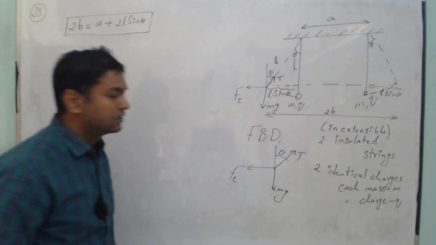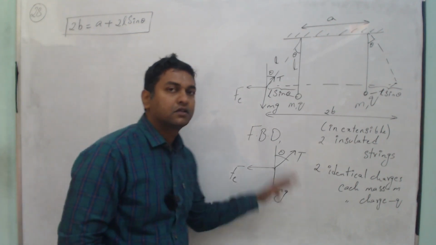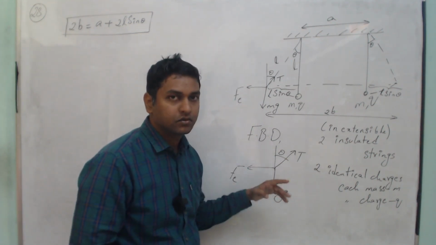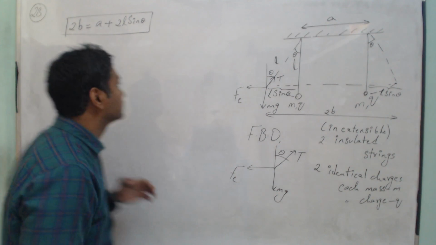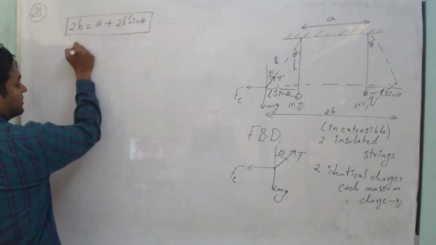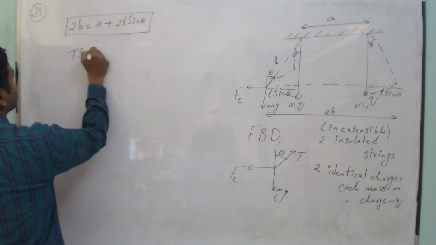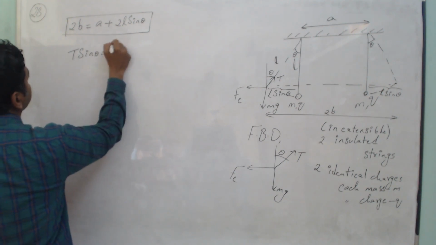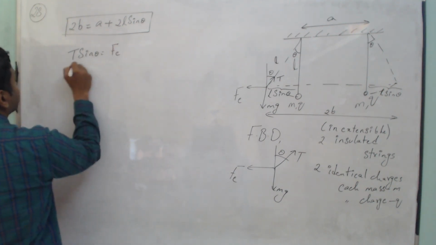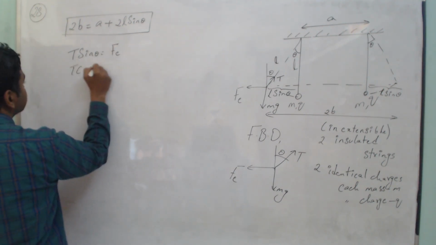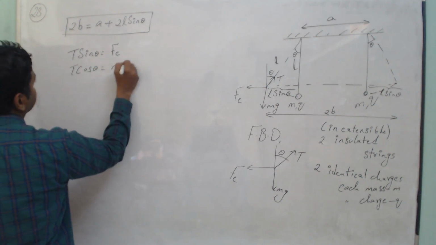Now you already know why I am taking the components of tension, because it is the reaction. So basically we will have T sine theta equal to electrostatic force, and T cos theta equal to mg, the gravitational force.